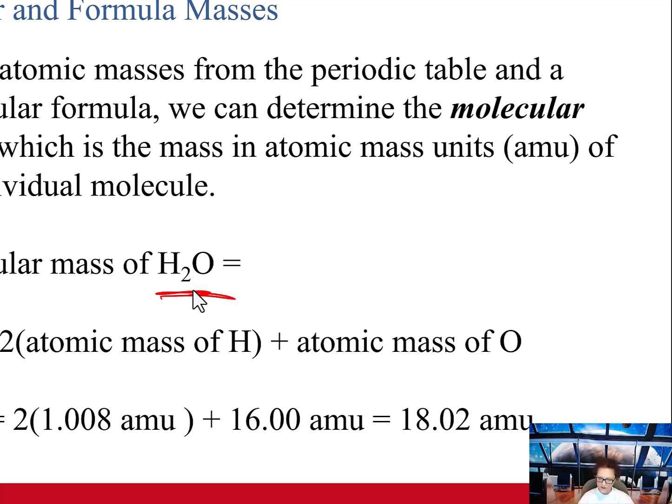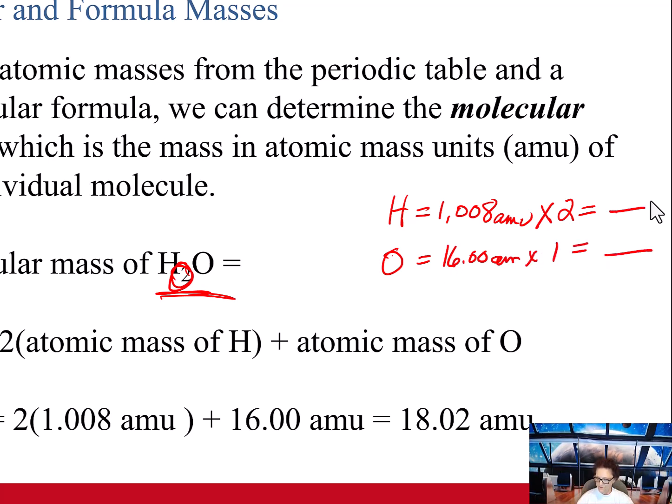All you do is take each individual element, like H, and we know H is 1.008 AMUs. You multiply it by how many are in the formula, which is 2. Then you take the oxygen, and we only have one of those, and it is 16.00 AMU.